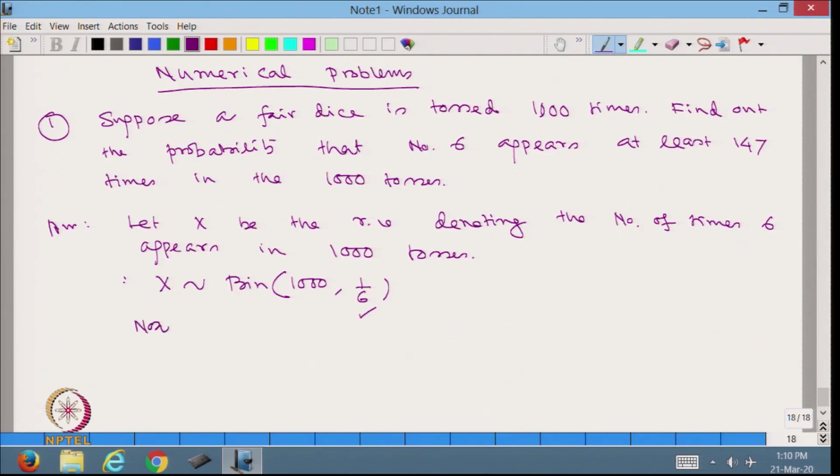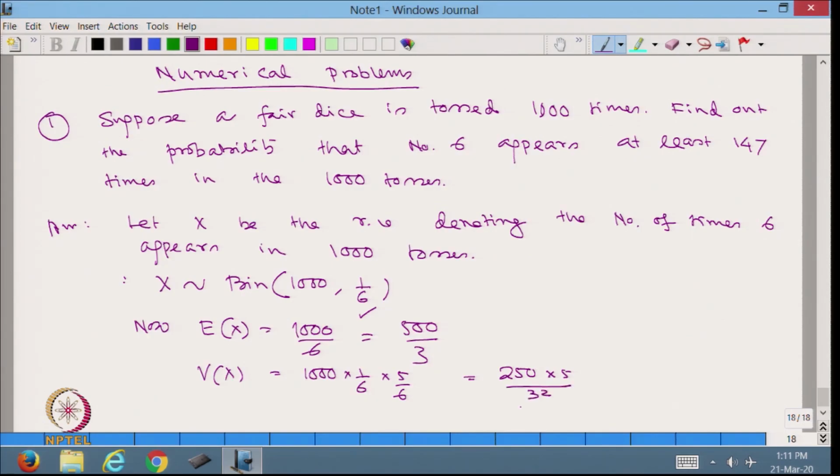Now, expectation of X is equal to 1000 upon 6, which is 500 upon 3, and variance of X is equal to 1000 into 1 by 6 into 5 by 6, which is 250 into 5 upon 3 square.